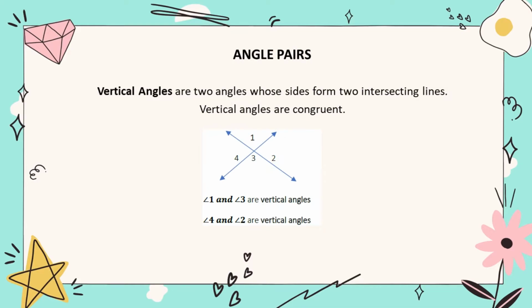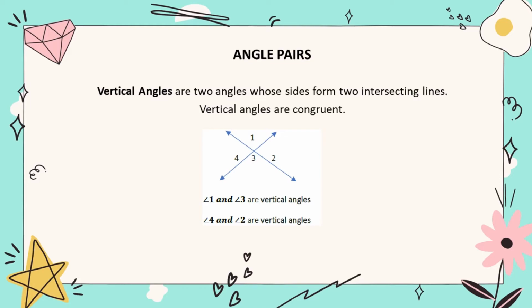Next is vertical angles. Vertical angles are two angles whose sides form two intersecting lines. Vertical angles are congruent. So, kapag meron tayong dalawang lines and nag-intersect sila or nag-cross sila, then makakapag-form tayo ng vertical angles. Pag sinabi nating vertical angles, ito yung mga angles na magka-cross.